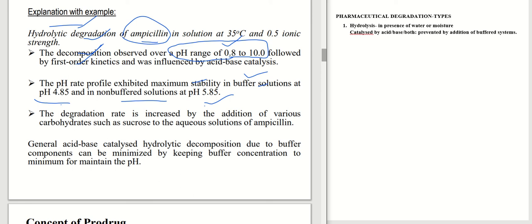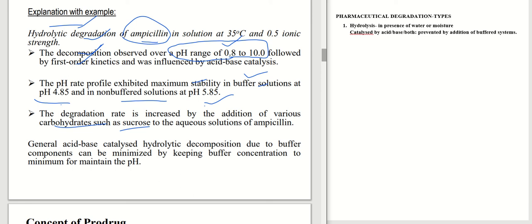And also presence of carbohydrates plays a major role, like sucrose. As you all know, sucrose, when it is solubilized, produces a little acidic nature, though it is a neutral molecule, but it has some acidic effect.